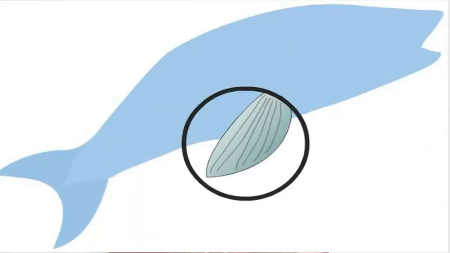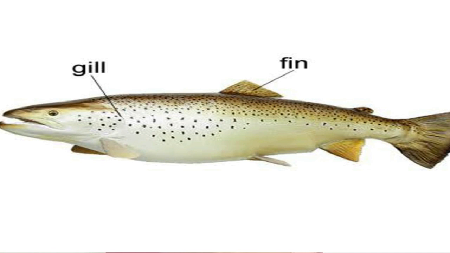These fins or limbs help them to swim in water. What do you mean by fins? Where can we see these fins? We can see the fins on a fish's body, on both sides. Using the fins, fish can swim easily.